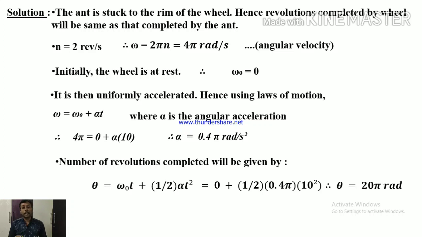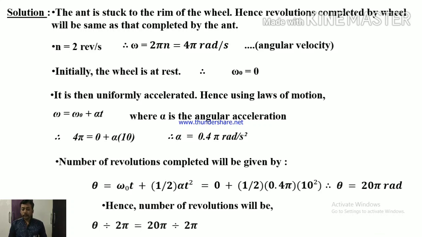We have to divide theta by 2 pi, then we get the number of revolutions completed by the wheel or by the ant. Hence the number of revolutions N is theta divided by 2 pi, that is 20 pi upon 2 pi, which is equal to 10 revolutions. So in 10 seconds the ant will complete 10 revolutions. This is the solution.